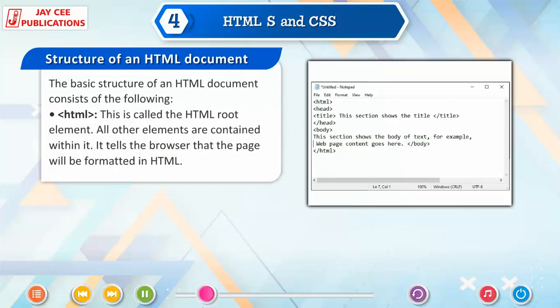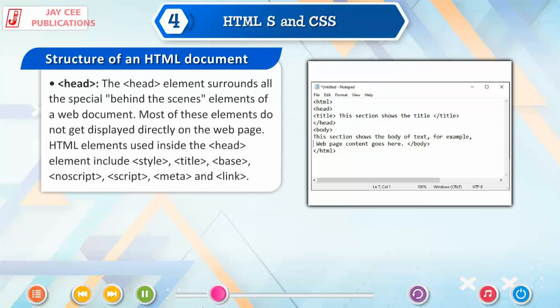The basic structure of an HTML document consists of the following. <html>. This is called the HTML root element. All other elements are contained within it. It tells the browser that the page will be formatted in HTML. <head>. The head element surrounds all the special behind-the-scenes elements of a web document.